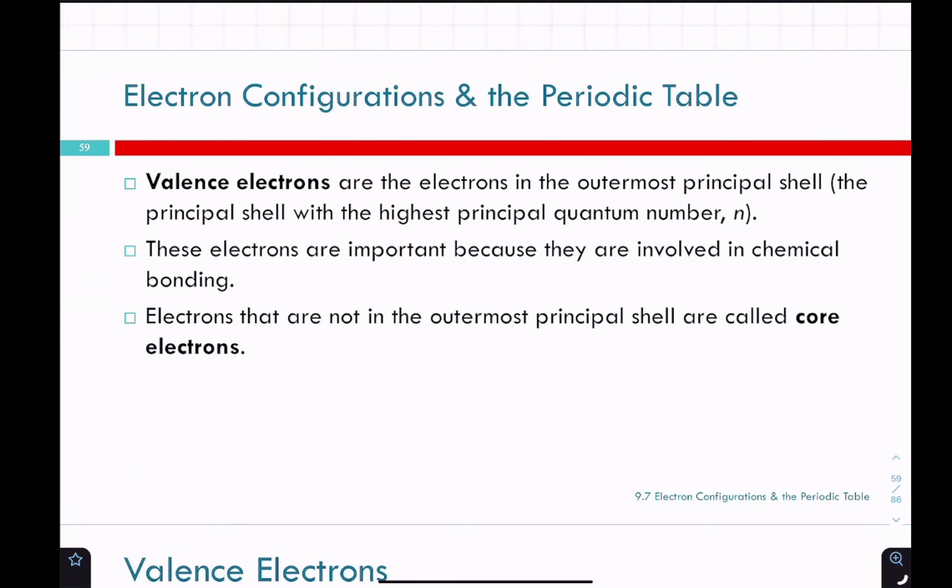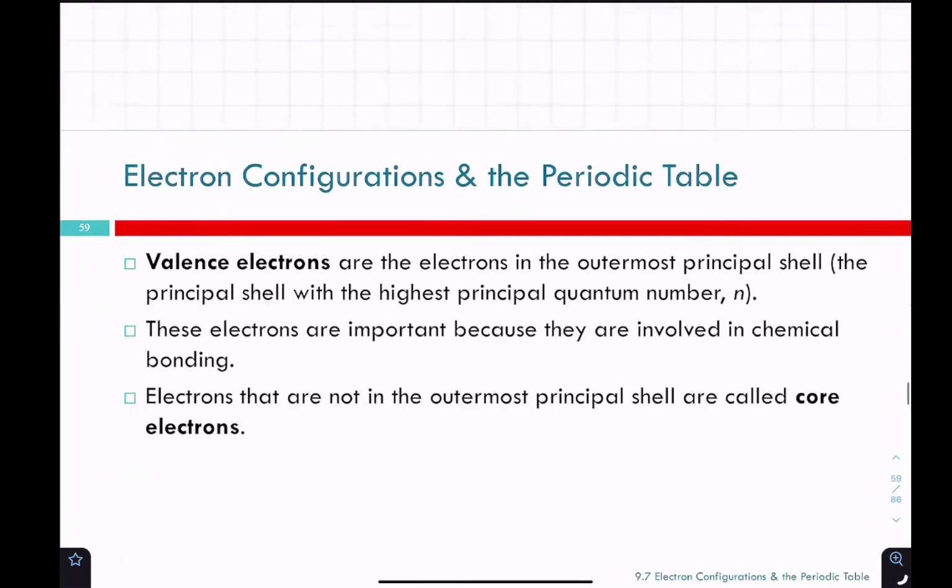The valence electrons are just the outermost electrons. They're the ones that, when atoms are bumping up next to each other, are interacting. The rest of the electrons are covered up by those, shielded from anything else by the valence electrons.